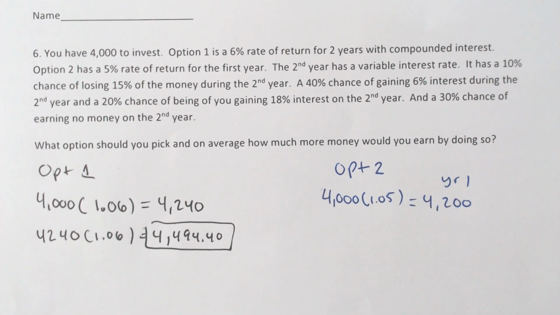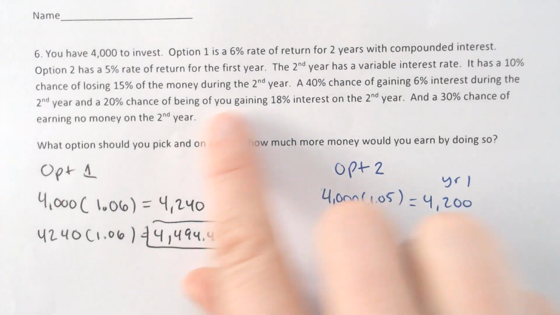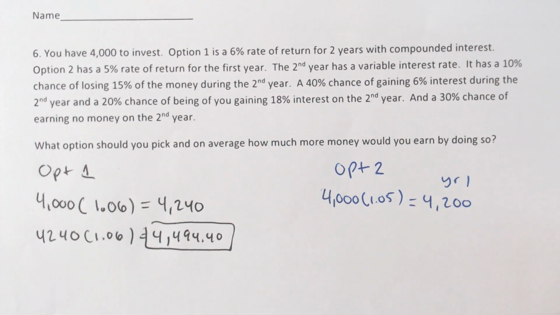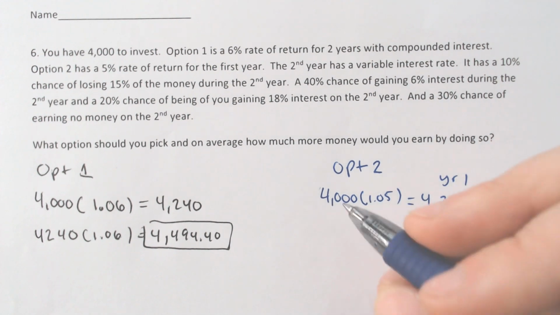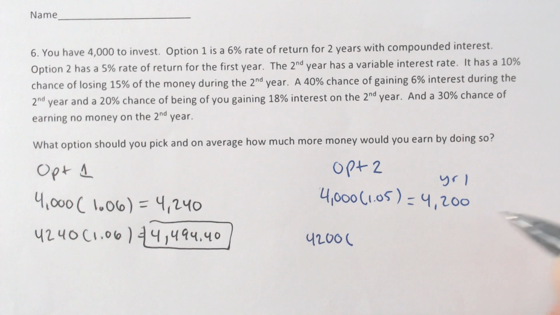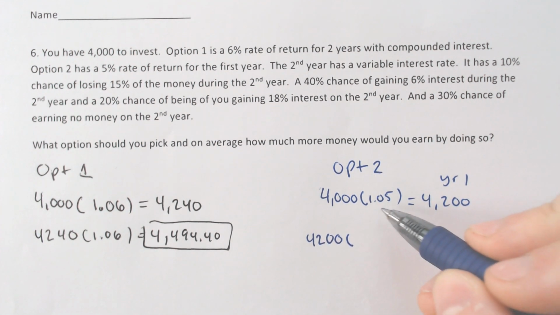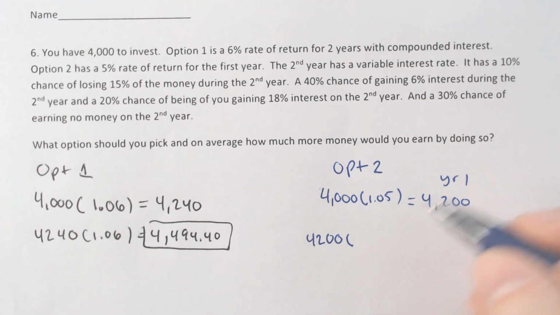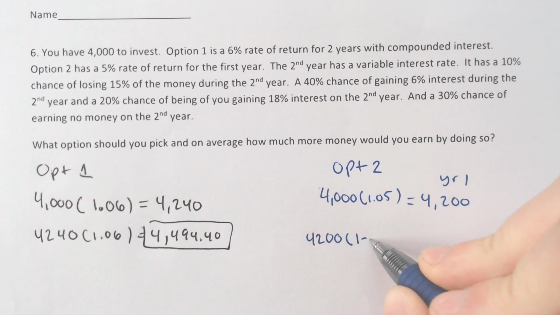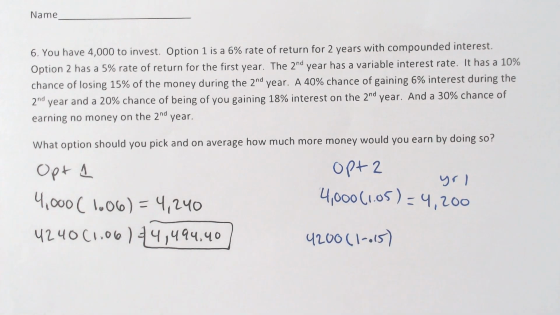With year two, you got a few different things that are going to happen. You got a 10% chance of you losing 15%. So I'm going to first figure out what's going to happen if you lost 15%. All right? So let's take this 4,200. And if we've lost 15%, it's not going to be adding that 5% in like we did here. It's going to actually be subtracting 15%. So if you do 1 minus 15%, that ends up being 0.85.